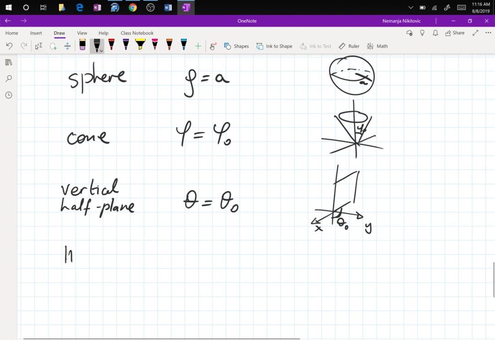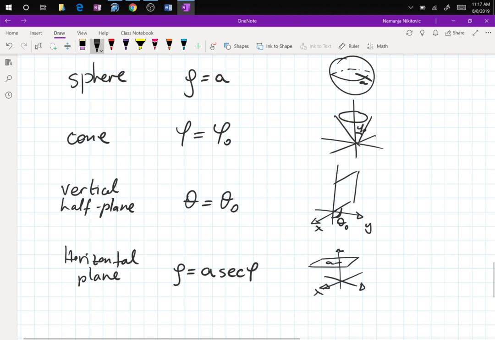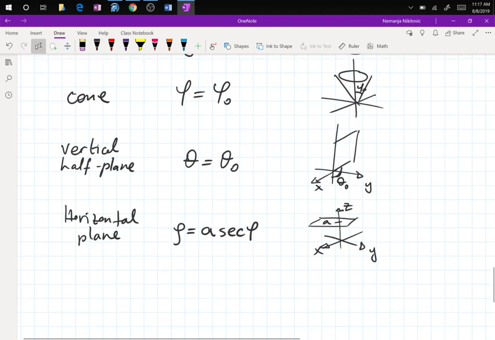Horizontal plane is given by rho equal a secant phi. And if the plane actually goes through that value a on the z-axis. So plane goes through the a value on the z-axis. So a secant phi.